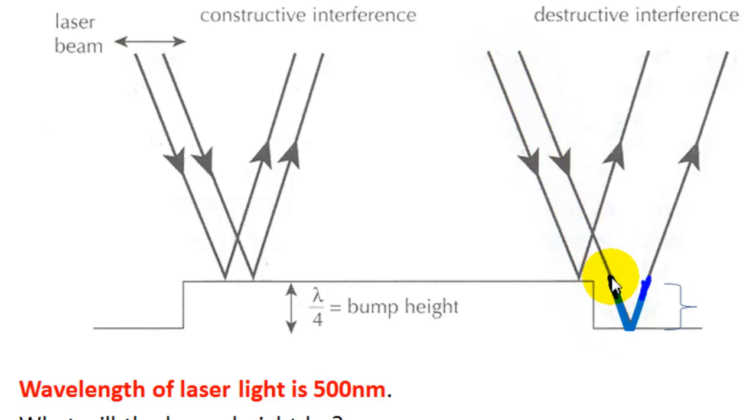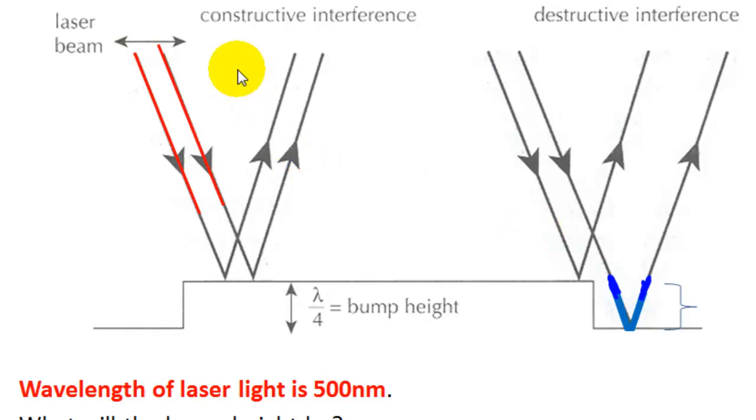This further path that's taken will give a path difference, and if this path difference is half a wavelength, then we will get destructive interference. So the path difference is half a wavelength, which means the height of this is going to be 1/4 of a wavelength. So the bump height is basically 1/4 of the wavelength of the light that is used from the laser.